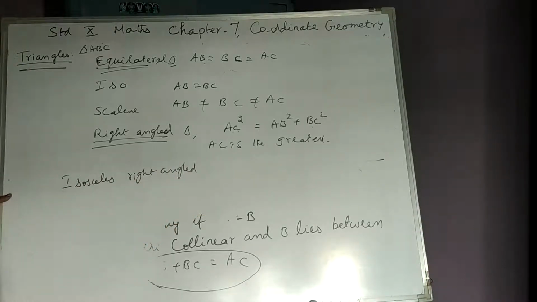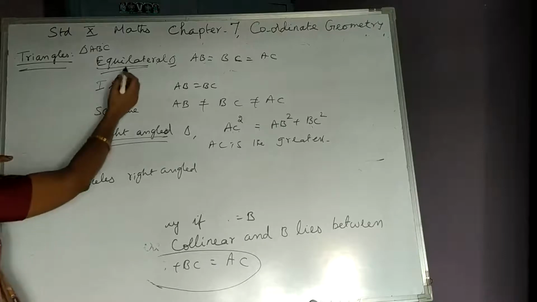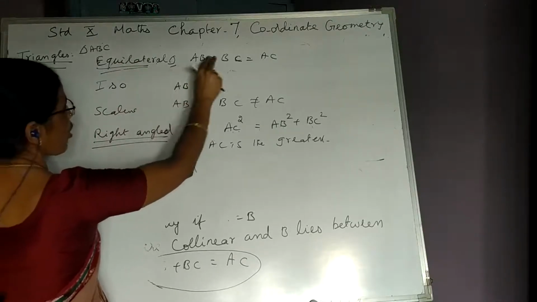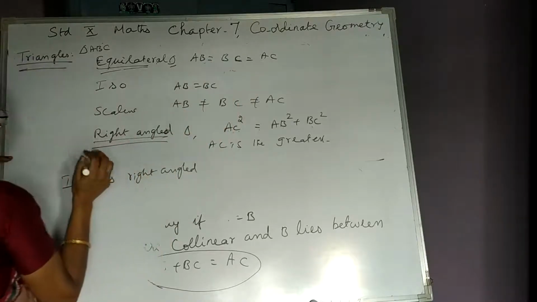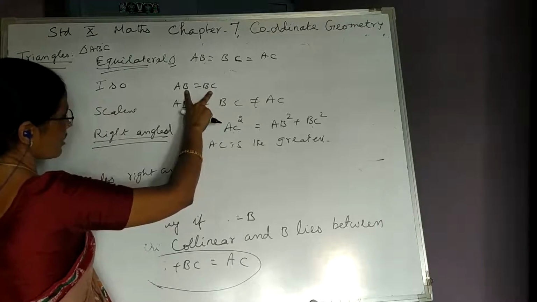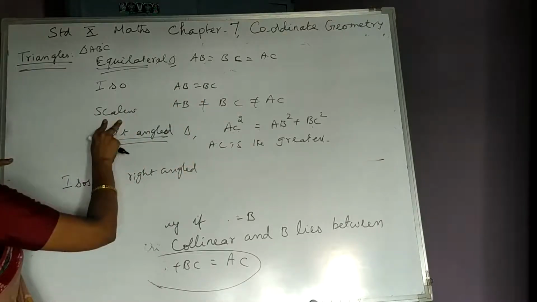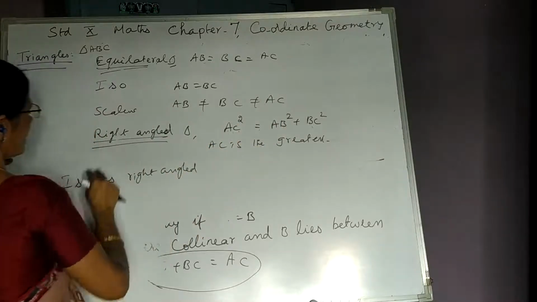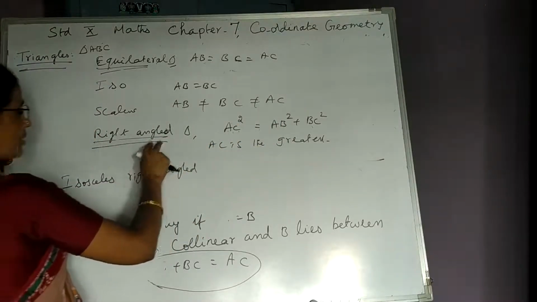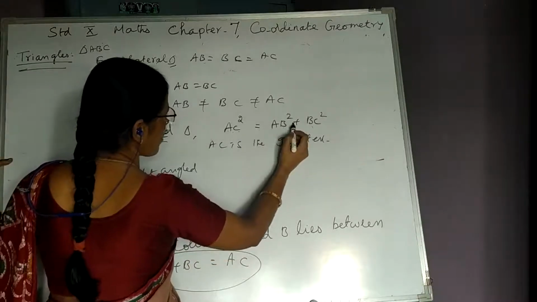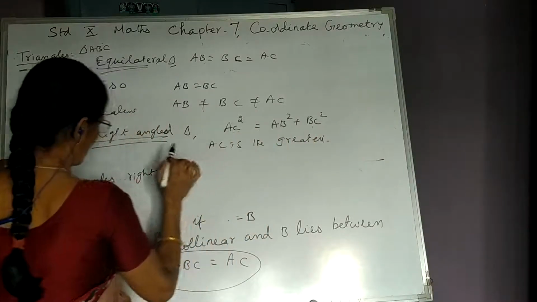So here we may be asked to show that it is an equilateral triangle. So if an equilateral triangle is asked, what should we prove? All the three sides are equal. If we are asked to prove an isosceles triangle, we should prove any two sides are equal. If it is a scalene triangle, we should prove all the three sides are unequal. If it is a right angle triangle, the square of the longest side should be proved equal to the sum of the squares of the remaining two sides.